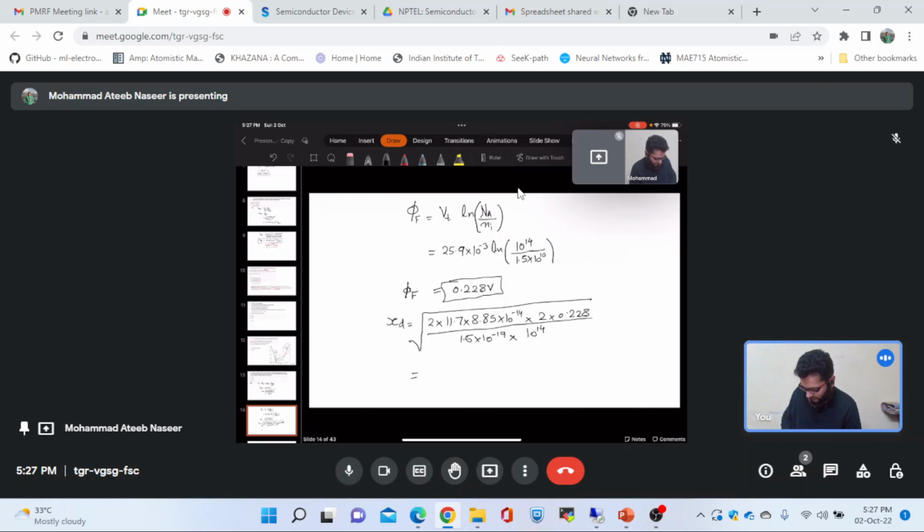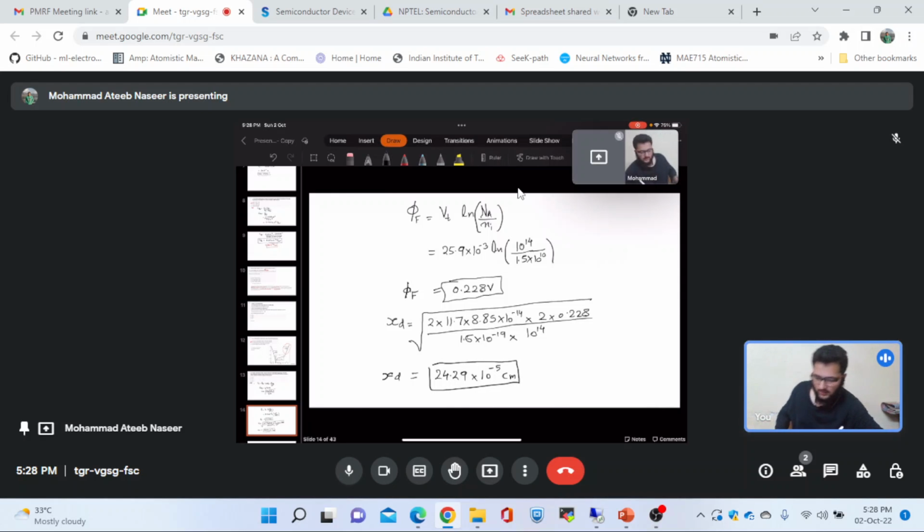So it will come out to 11.7 into 8.85 into 2 into 0.228 divided by 1.6. It is 59 point something. So if I take its square root, it will come out to be equal to 24.29 into 10 raised to power minus 5 centimeter. So we have got this depletion width.